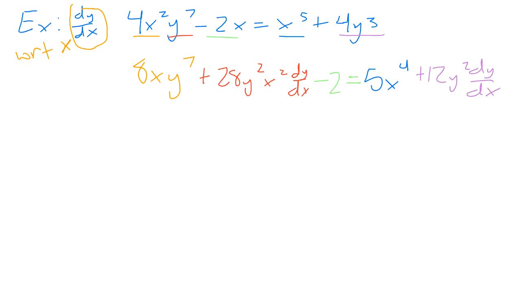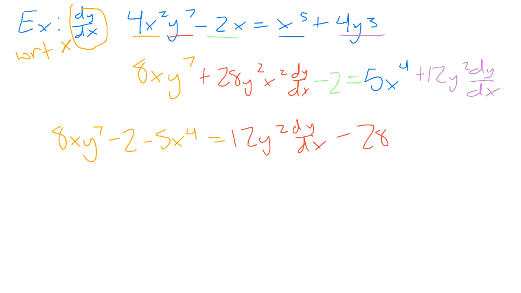So we can say that we have 8x y to the 7th minus 2 minus 5x to the 4th is going to be equal to 12y squared dy dx minus 28 y to the 6th x squared dy over dx.